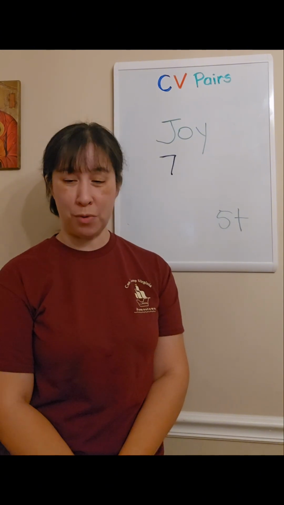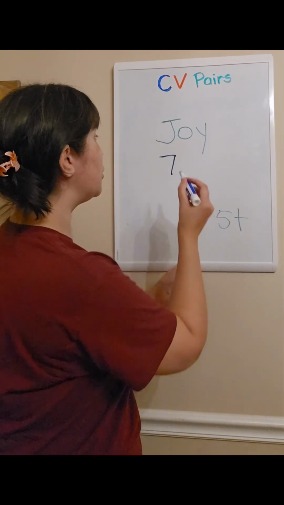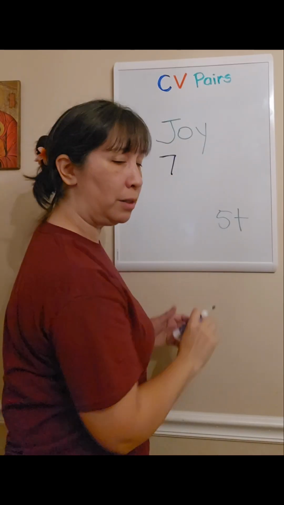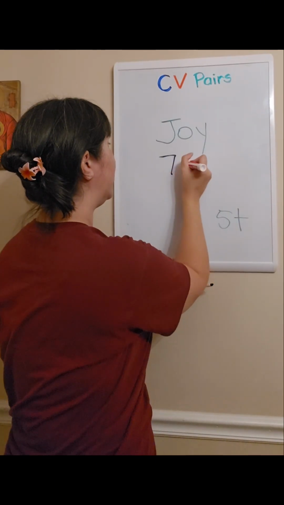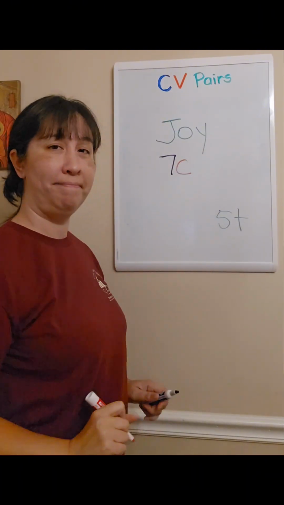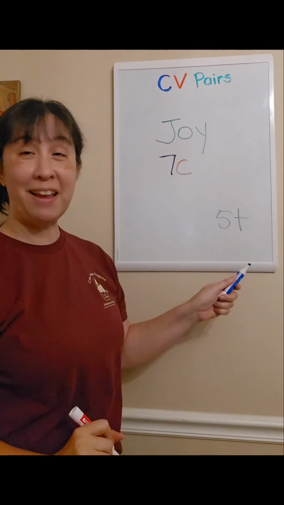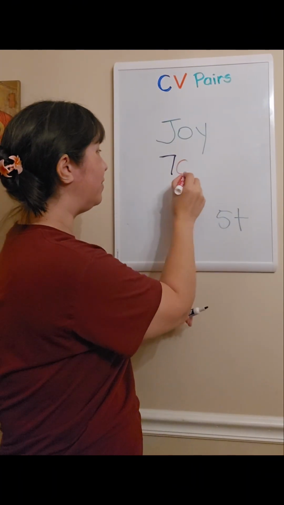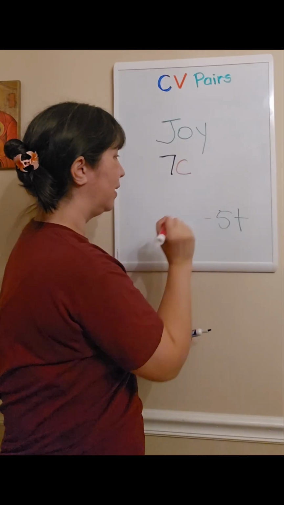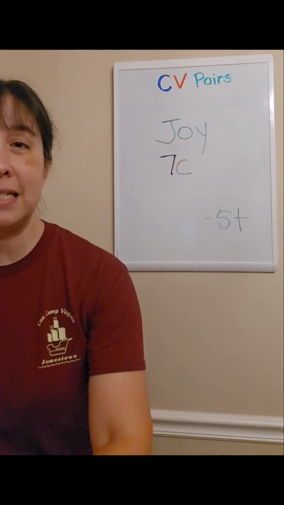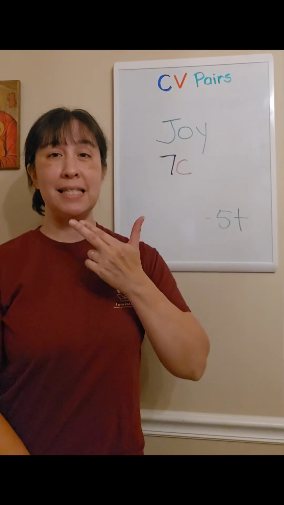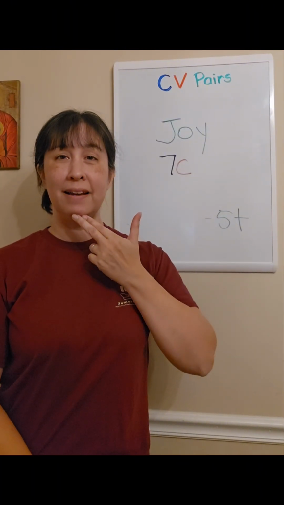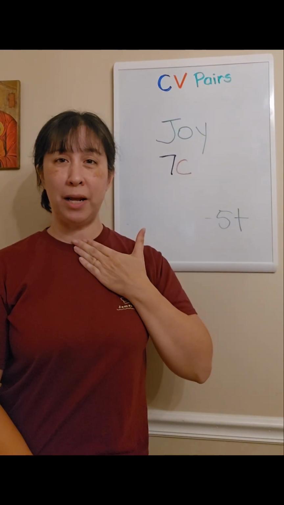It's chin throat. So we're going to start with 7 at the chin, and we're going to end at 5 at the throat. So 7C, 5T, and it looks like this. 7C, drop it to the throat and open to 5.